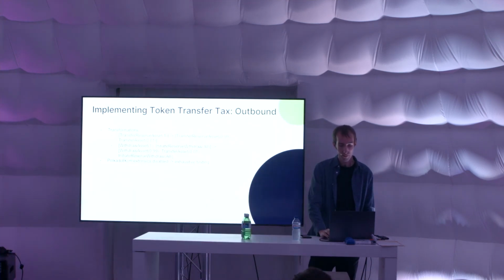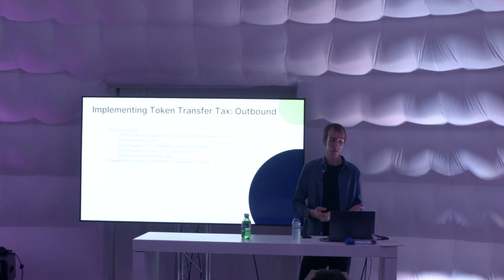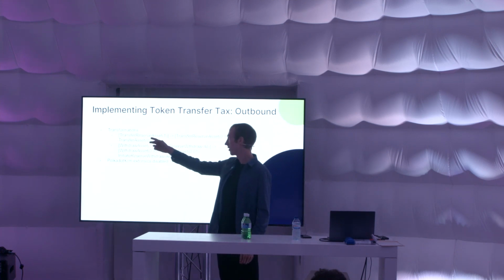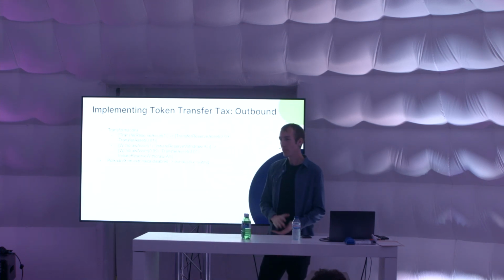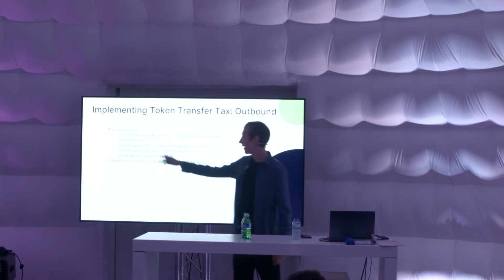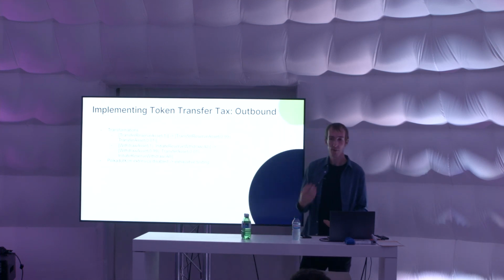So how this transformation would look is like this. In our case, when we are sending tokens from our chain, we have two different cases. Either you are sending tokens that are native to our chain or not. So if they are native, then we have this instruction, the transfer reserve asset. So what we would do is reduce the amount inside the transfer reserve and then add the transfer asset, which would actually transfer some amount to the treasury or to DAO.